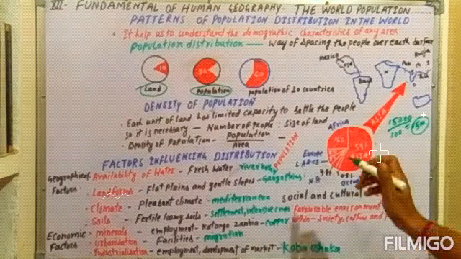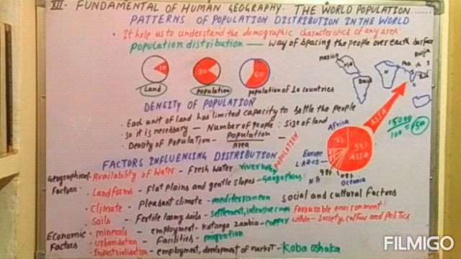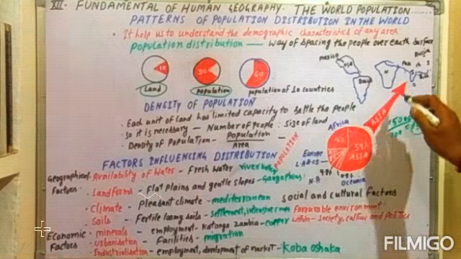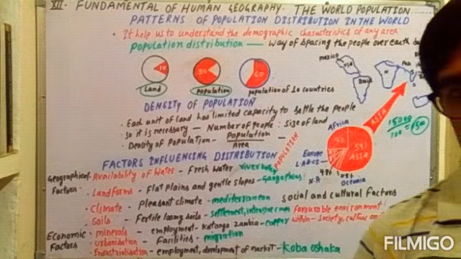This is the region where most people of the earth settle, in one corner of the earth, where 60% of people are living.